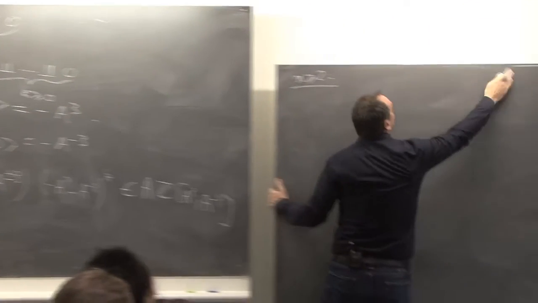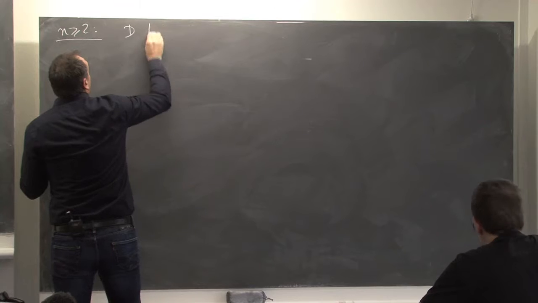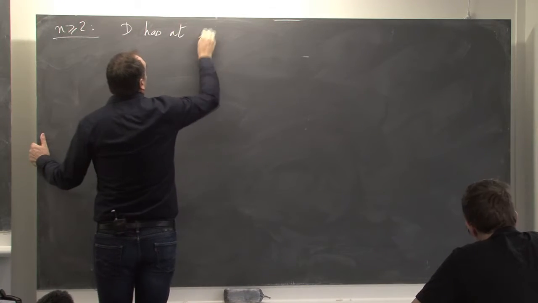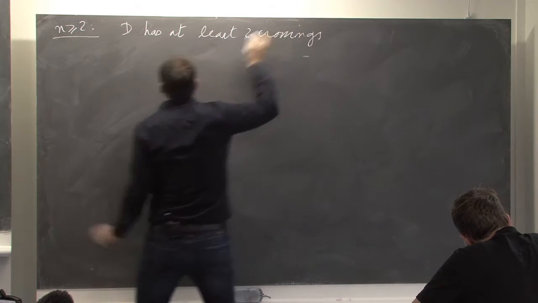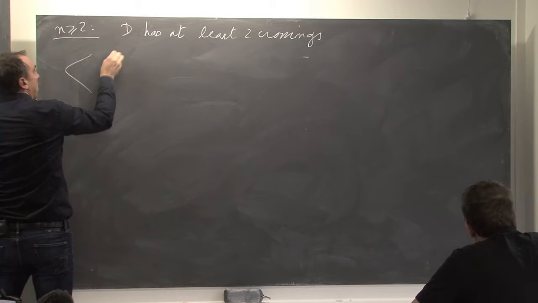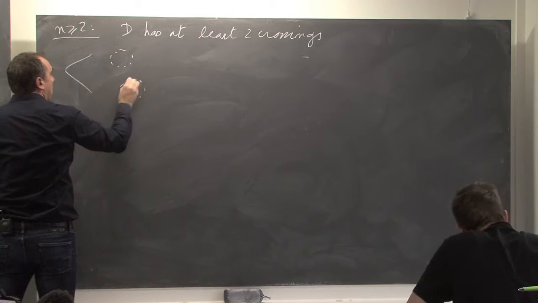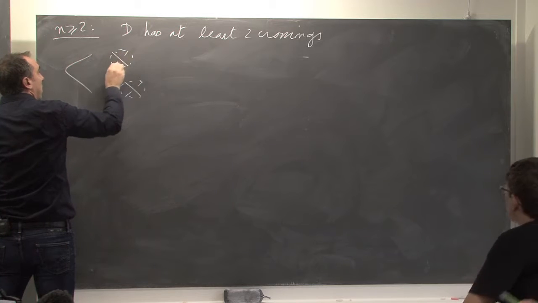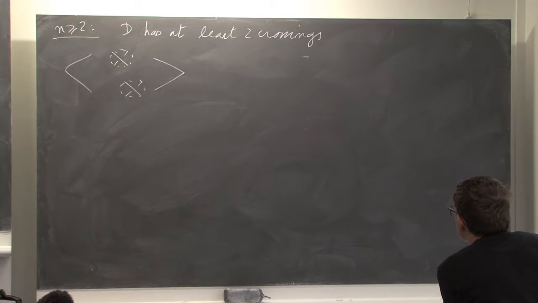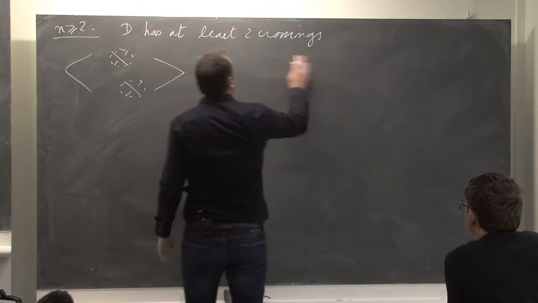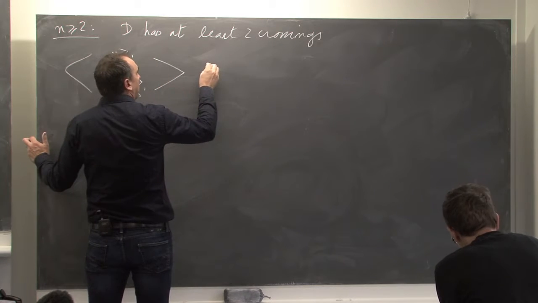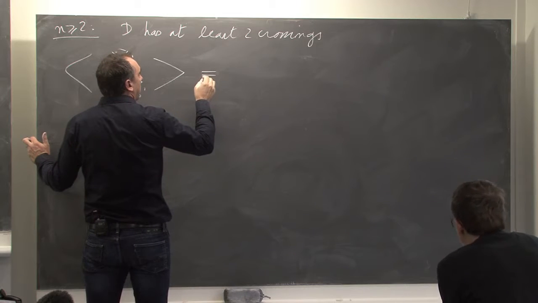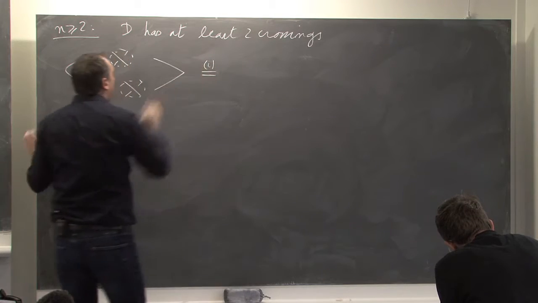So D has at least 2 crossings. And so we can apply, so we have 2 crossings in the diagram of D. So we can apply relation 1 to this crossing.